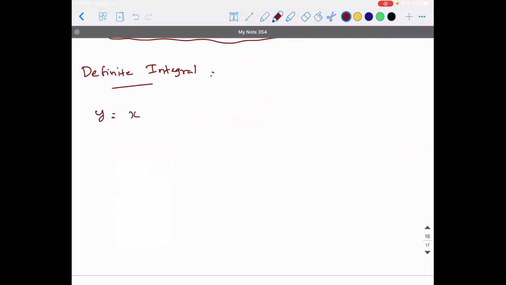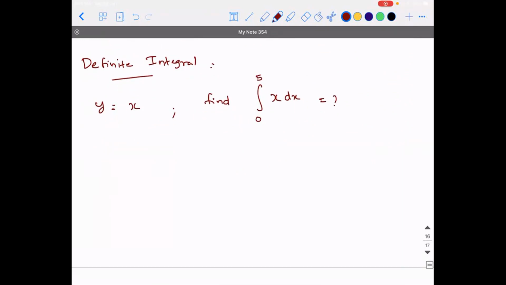Find the integral of x dx between 0 to 5 and tell what is the answer. Okay, listen to this carefully, guys. What did I say? A definite integral will give you the area. Area made by whom? Area made by the curve with the independent axis.